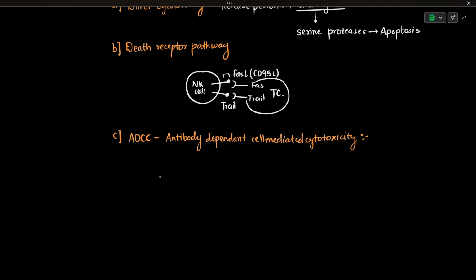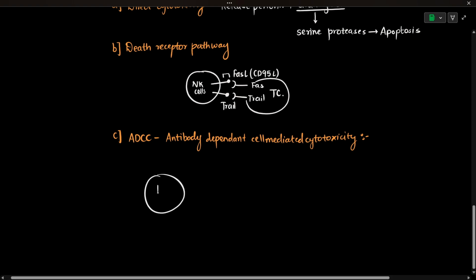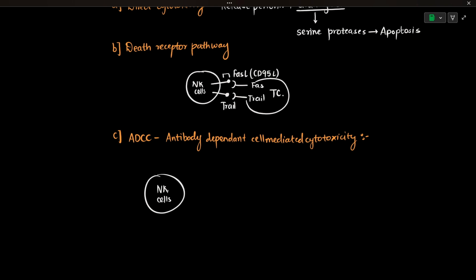In this way of killing the target cell, natural killer cells have receptors, the CD16s, which bind to antibodies that are already bound to the target cell. So what happens is that an antibody can go and bind to certain cells.